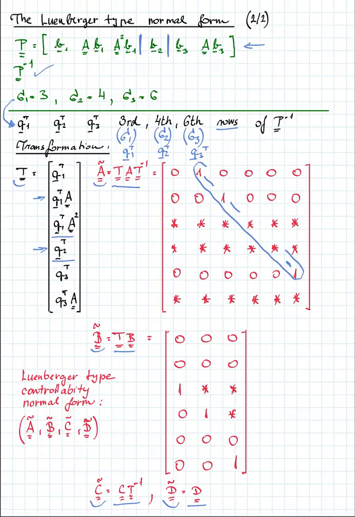So these diagonal elements will be 1, except the rows of sigma 1, sigma 2, and sigma 3. The sigma rows contain some numbers, which I denoted here with stars.